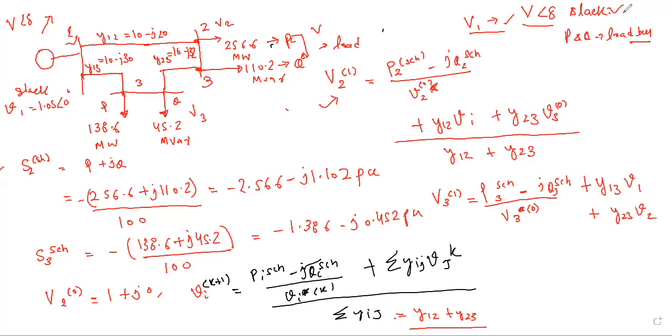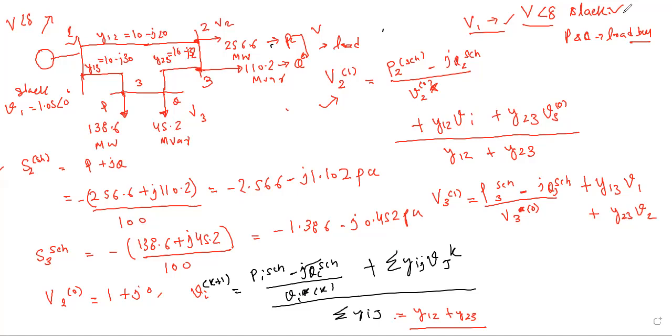Sir, E_i^(k+1) equals root under V_i square, no, not that one. Direct formula, you have to put in the direct formula. X^(k+1) is equal to X^k plus alpha.